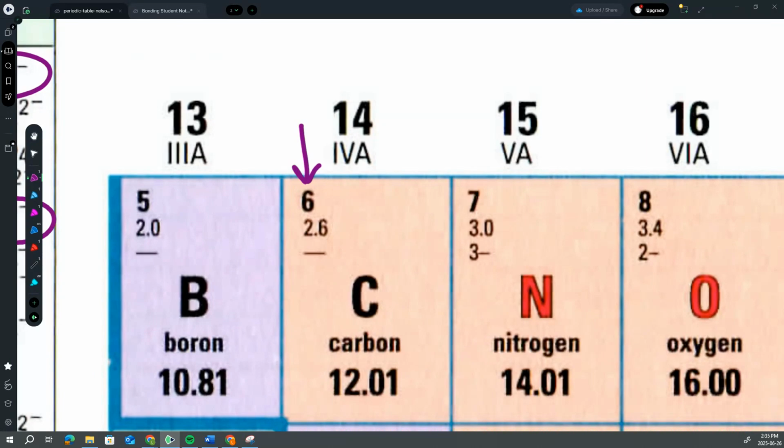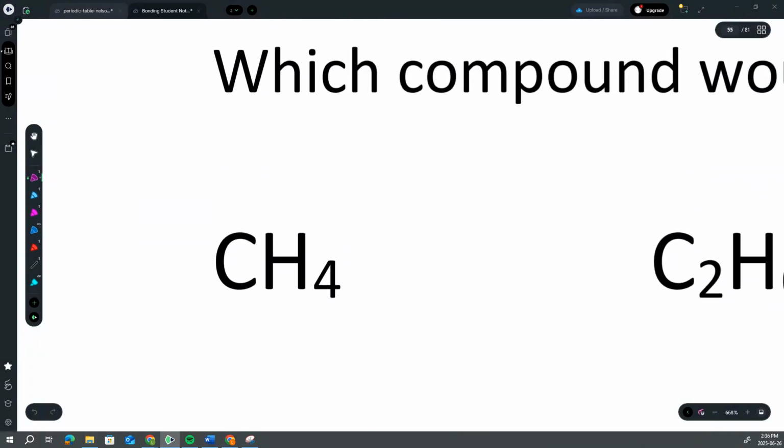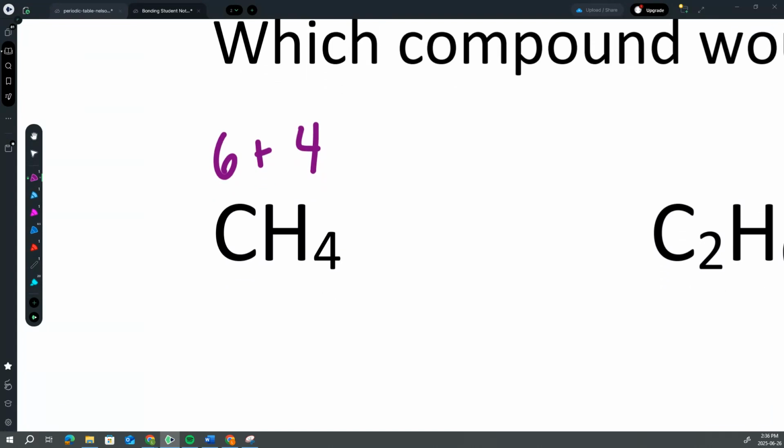We're going to count up how many protons each compound has, and whichever compound has the highest amount of protons is going to have a higher boiling point. So carbon has 6 protons, and hydrogen has 1 proton. So 6 from the carbon plus 4, because each of the hydrogens has 1 and there's 4 of them, so this has 10 protons.